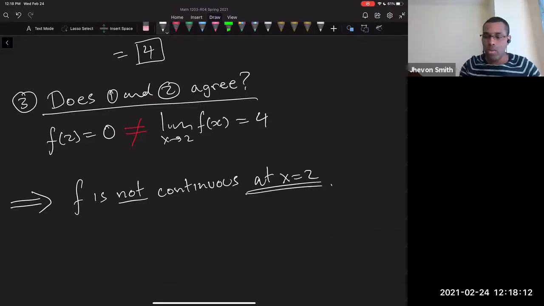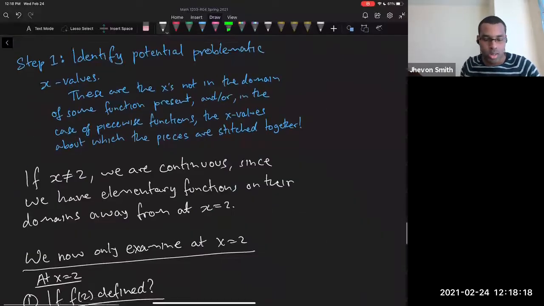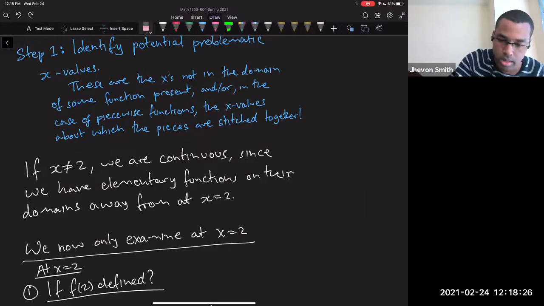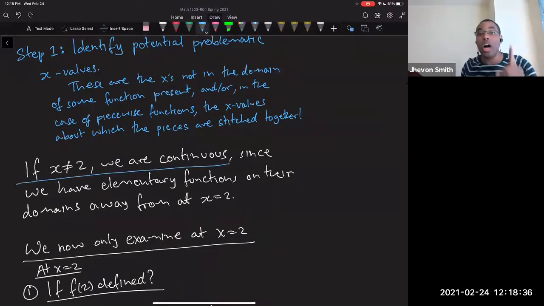Okay, now I can put together the two things that I do know, right? So what did I say before? If x is not 2, we are continuous, right? So that was, maybe I should put that in a different color. So I figured out earlier that if x is not 2, we are continuous.